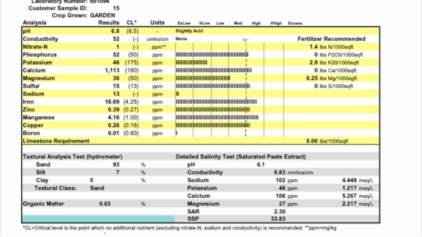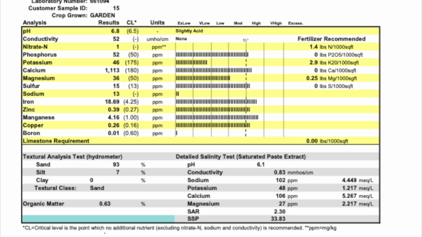His magnesium level is medium, but they're asking him to put down a quarter pound of magnesium per 1,000 square feet. So if he wants to put magnesium down, what do you think he can put down for that? You could put down magnesium sulfate.